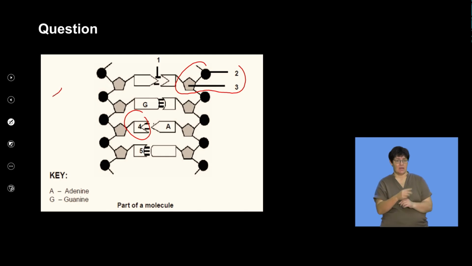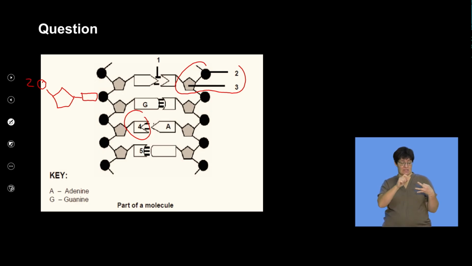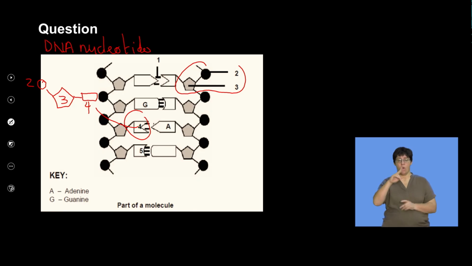It consists of a sugar, a phosphate molecule, as well as a nitrogenous base. So number 2 is the phosphate, number 3 is the sugar, and number 4 is the nitrogenous base. And so these three parts collectively are referred to as a DNA nucleotide. And we refer to that as a monomer of DNA or a building block.